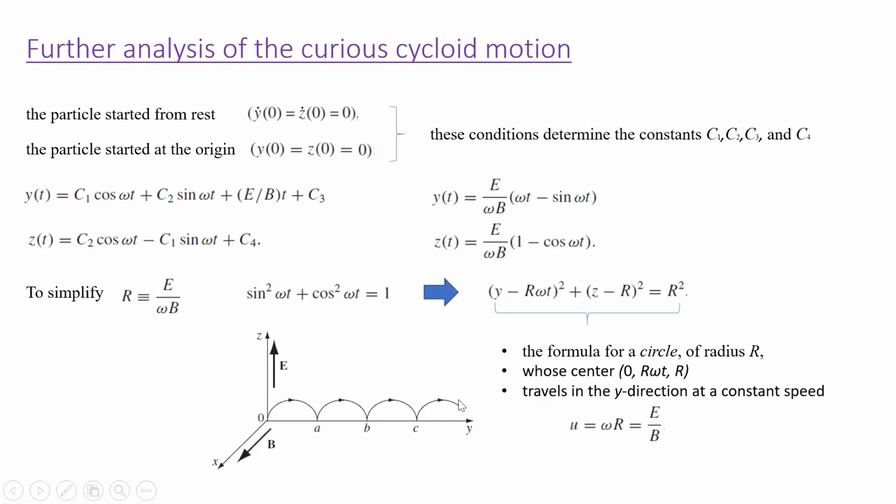Okay, so that's just our initial introduction into magnetism. We looked at the Lorentz force equation, Q V cross B. We looked at circular motion, or helical motion, which happens when there's just a magnetic field, and we looked at this interesting cycloid motion, which happens when we combine an electric and magnetic field.